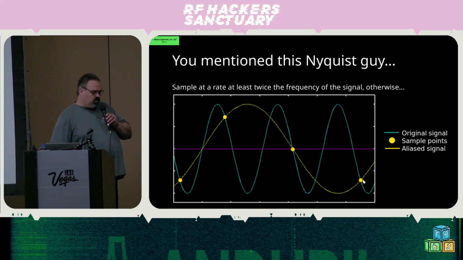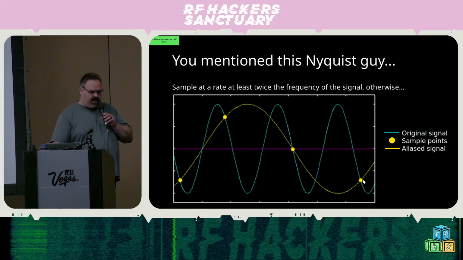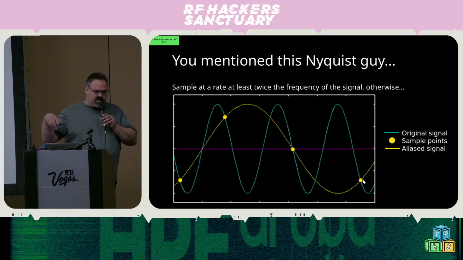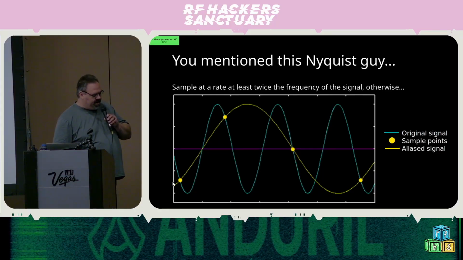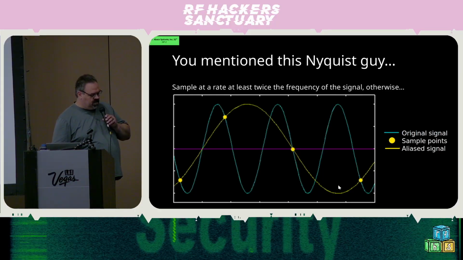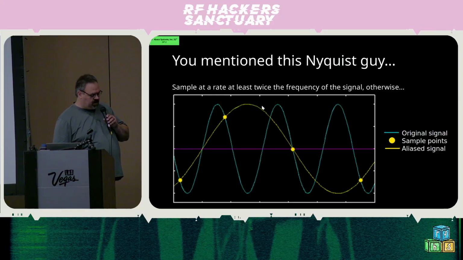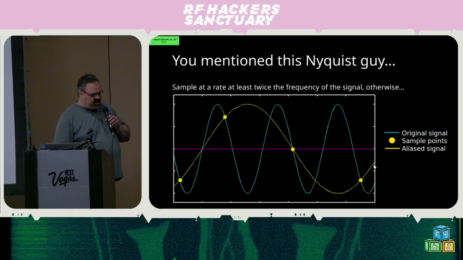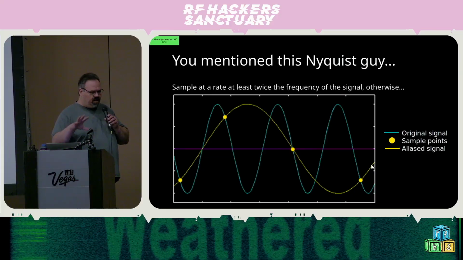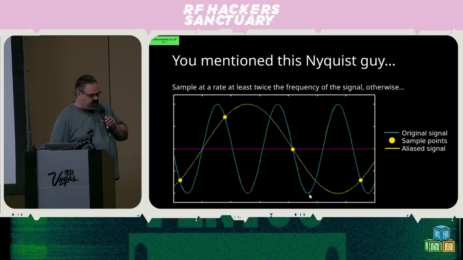And when we reconstruct that, assuming it is some form of sine wave, we end up with what looks like a much lower frequency signal. And that is the aliased signal of this higher frequency signal that's there.